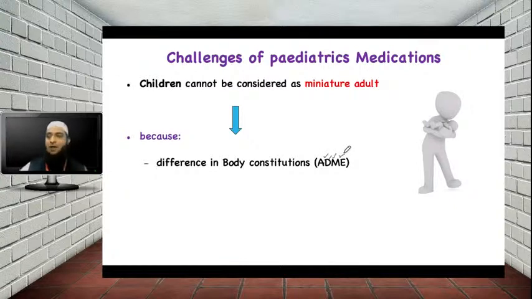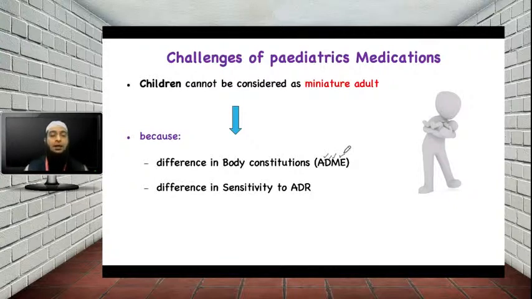If these pharmacokinetic parameters are changed, it is going to produce adverse effects in the pediatric patient. So this is one of the parameters: the difference in body constitution with reference to absorption, distribution, metabolism and excretion.